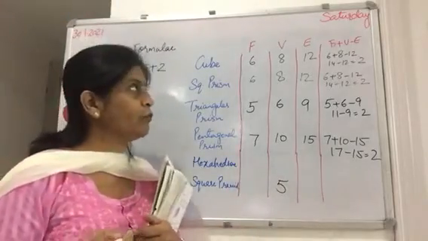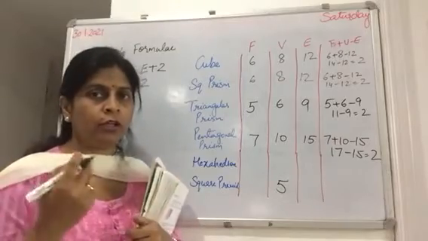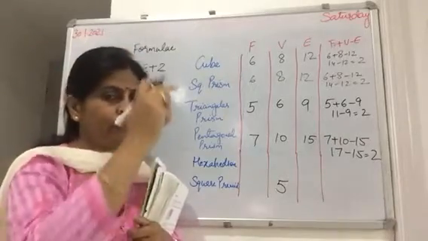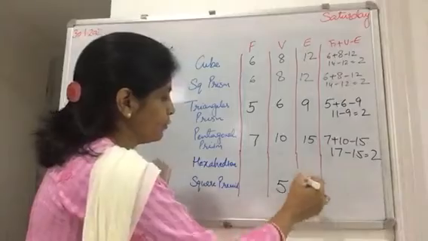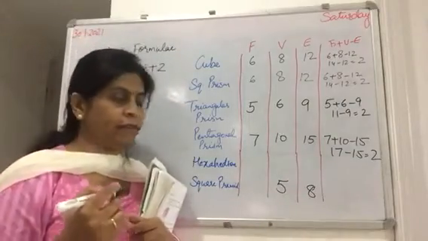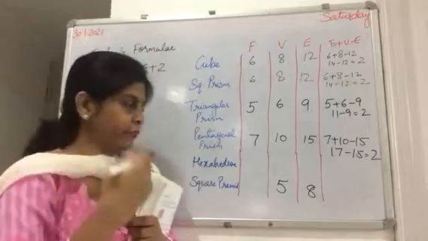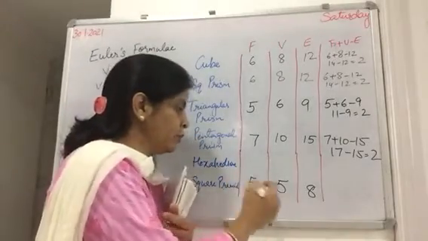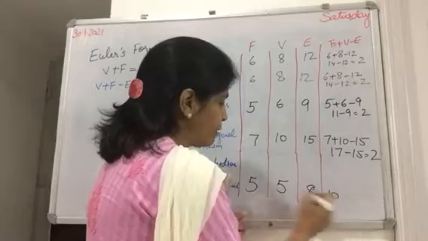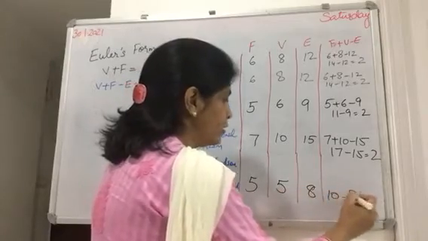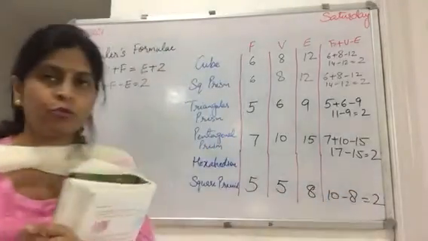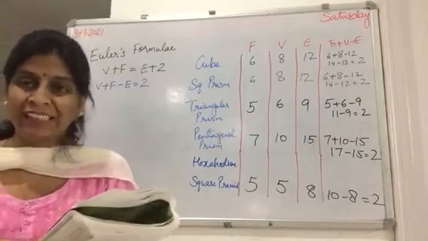Now edges: 4, and all are connected with 1 point, so 4 and 4, 8. Now faces: 1 bottom and 4 side faces, so 4 and 1, 5. Now when you add up, 5 plus 5, 10 minus 8, so it is 2.